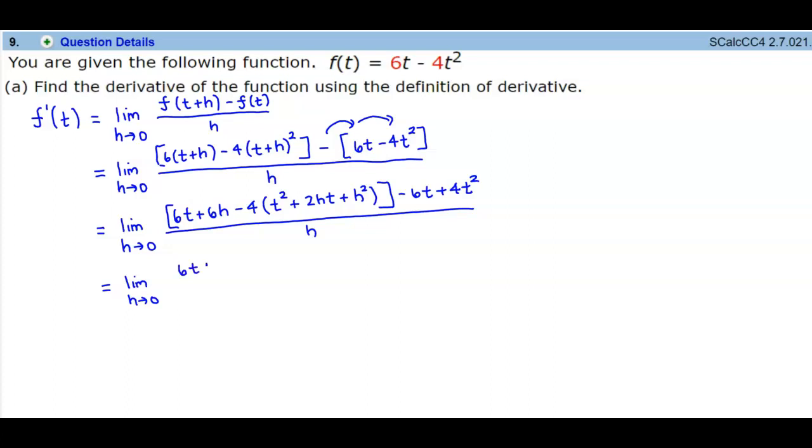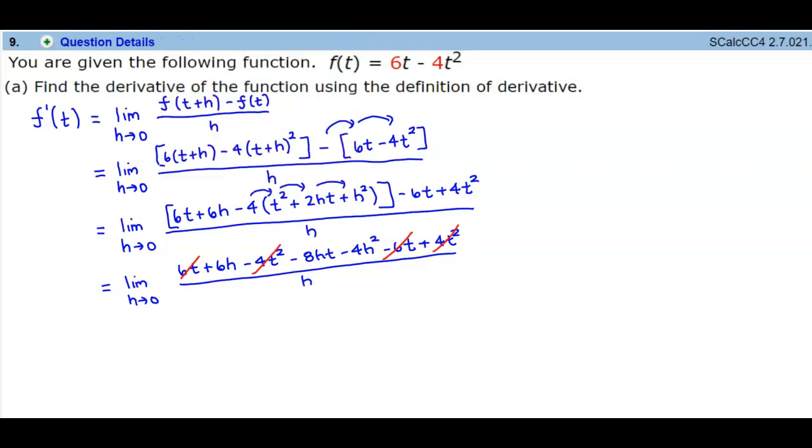So we have 6t plus 6h, and now we're going to distribute the 4 to all three of those terms, so we get negative 4t squared minus 8ht minus 4h squared minus 6t plus 4t squared, and then we're dividing that entire thing by h. Now, what can we simplify in the numerator? We have 6t and negative 6t. We have negative 4t squared and plus 4t squared.